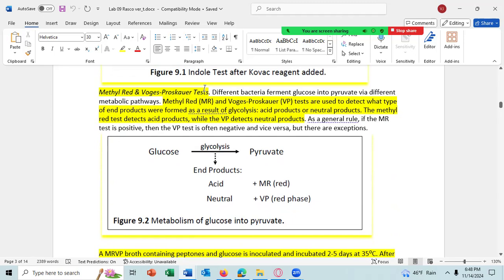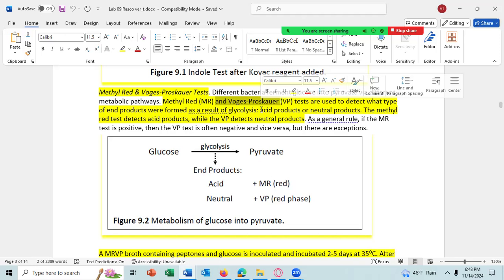All right, let's move on to the methyl red and the Voges-Proskauer test. These are two different tests, the methyl red or MR test and the Voges-Proskauer or VP test. And I'm not Russian, so I could be butchering the pronunciation of that name. You're looking at the end products of glycolysis with both the MR and the VP test.